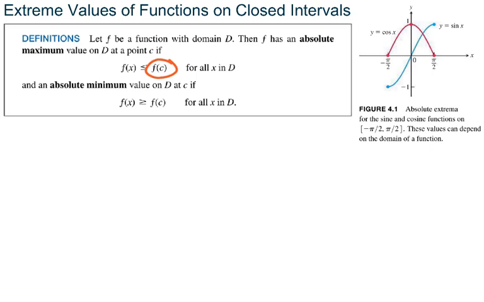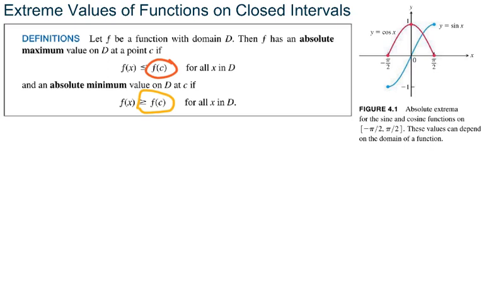And then a function also has an absolute minimum on that same domain if there's another critical point, c, for which the y value is smaller, less than or equal to all of the other y values. Okay? So we'll have one y value that's bigger than everything else.